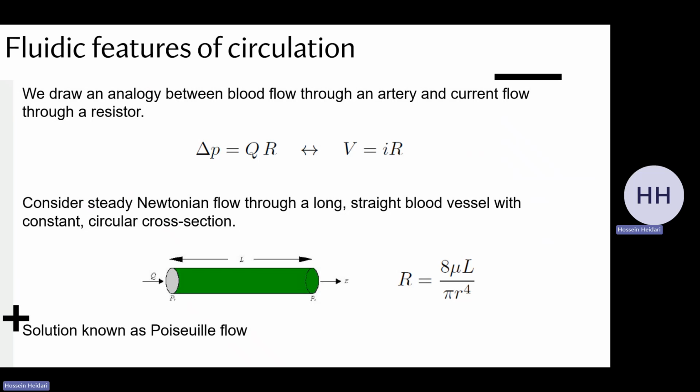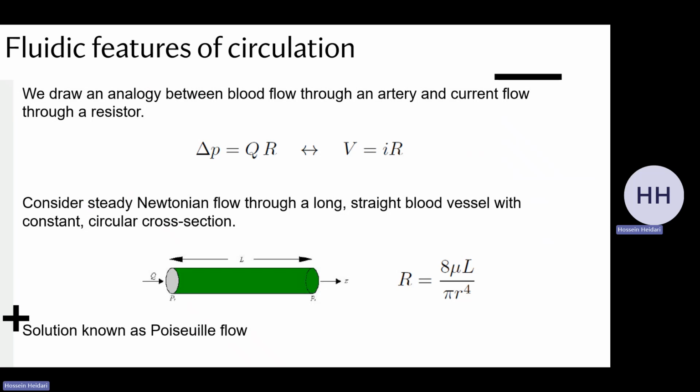This resistance is the drag force, the friction that's being applied to the fluid as it's traveling through the pipe by the walls of the pipe. Okay, so if you increase the viscosity of the fluid, you're going to have more friction, more loss, more resistance. If you increase the length, it's going to increase the resistance linearly.